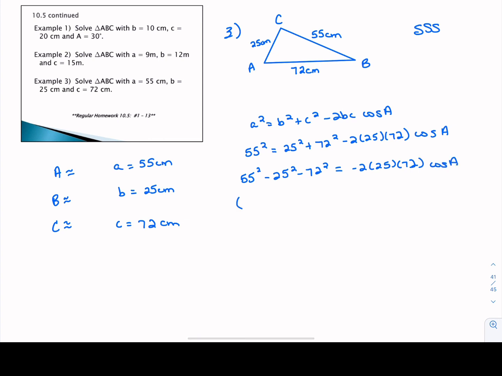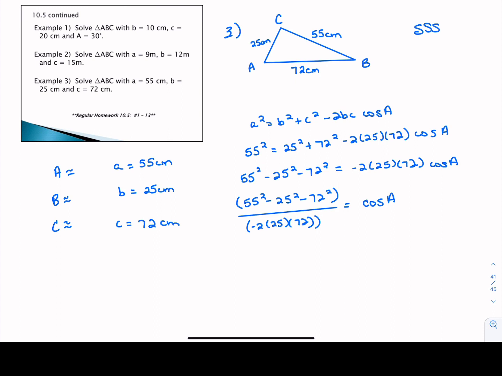And then we, of course, divide. So we'll have 55 squared minus 25 squared minus 72 squared, all divided by negative 2 times 25 times 72. And if we bracket that properly, we'll get an accurate answer for the cosine of A. So if you take your time with your calculation, you should get approximately 0.7733 as your cosine A value.